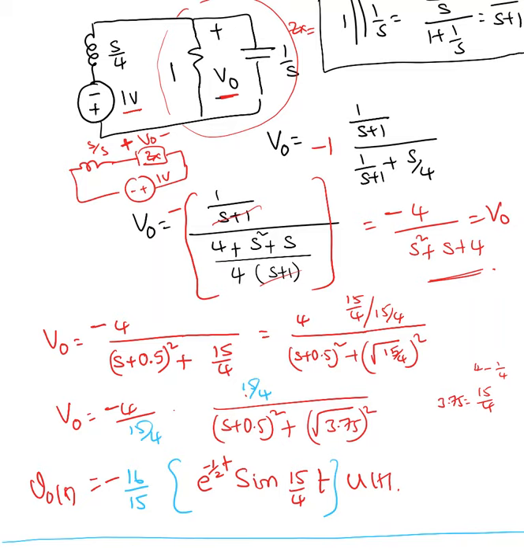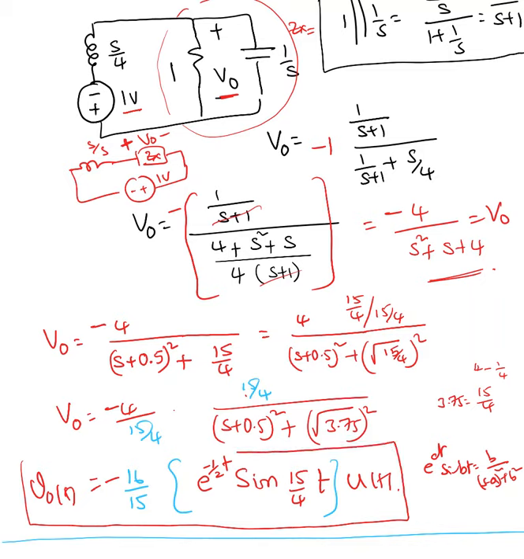Here, the 19th one in the Laplace transform table is e to the power of at sine bt equal to b over s minus a whole square plus b square. I'm going to write this in that format, and I end up with v0 of t equal to -16 by 15 e to the power of minus half t sine 15 by 40.